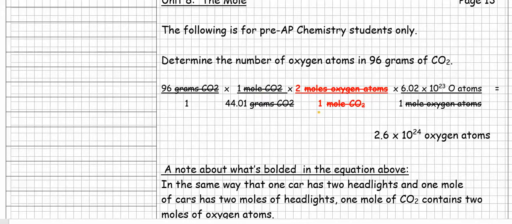Notice the mole ratio of oxygen atoms to CO2 was 2 to 1. There are 2 oxygens per 1 mole of CO2, and then we converted that to atoms using 6.02 times 10 to the 23rd, and here's what I get: 2.6 times 10 to the 24th atoms.